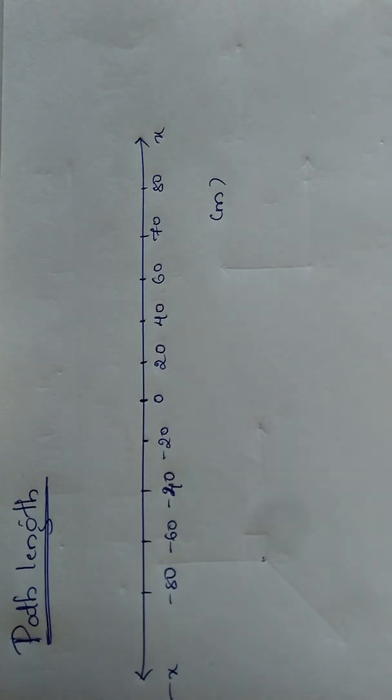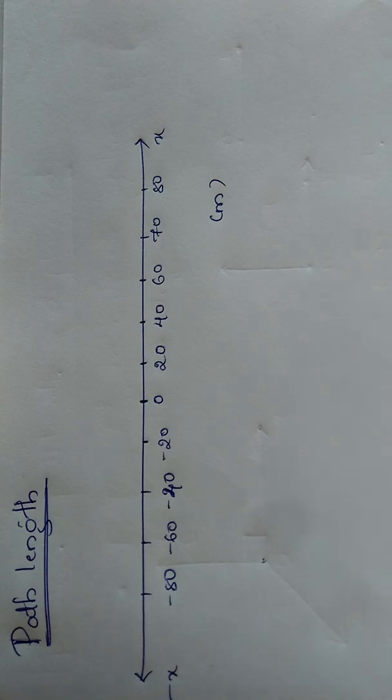Hi everyone, in the last class we saw the introduction part for the motion in a straight line chapter. In that we saw what are the different types of motion that are possible in this universe. We saw the motion of the planets around the sun, motion of satellites around the earth, motion of moon around the earth, and how the earth revolves around the sun.